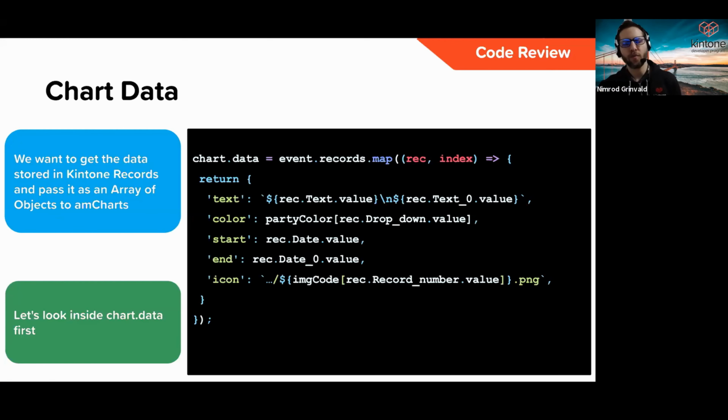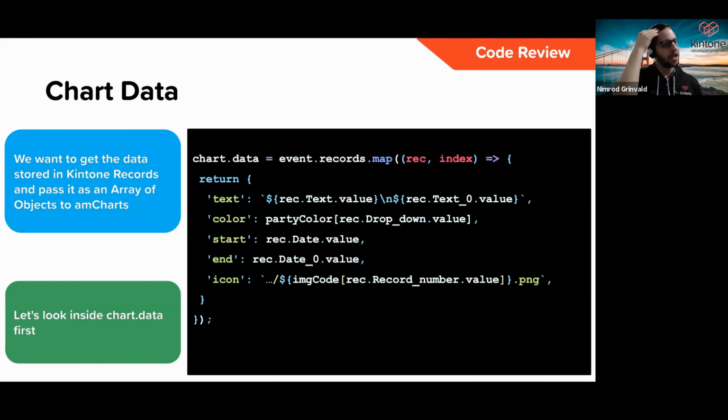Okay, so from here, we now want to get the data that's stored in these Kintone records. Remember, we just talked about event.records, and we want to pass it into amCharts in a way that's useful, right? So we need to pass that information to chart.data, which is where amCharts expects the data to live.